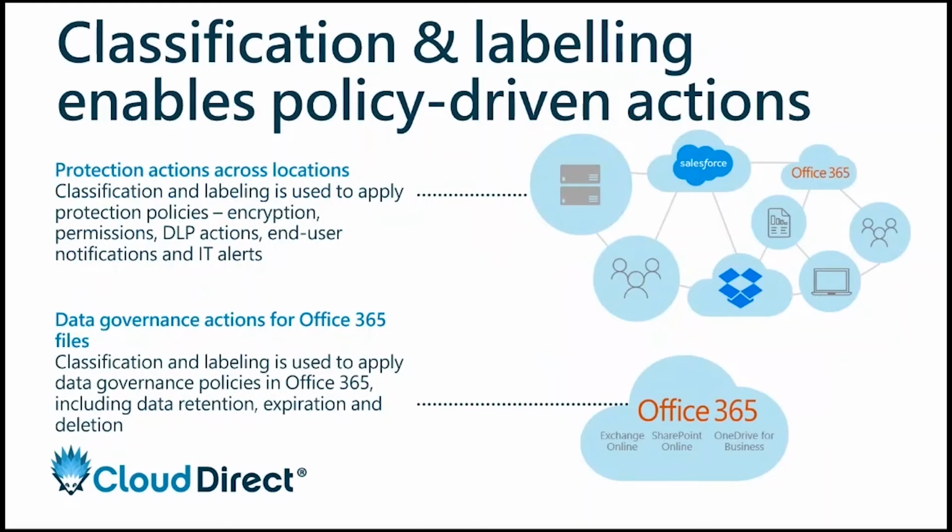It's used to apply protection policies, encryption permissions, DLP, and alerts, and it can be seen across a number of different applications. And you can also apply data governance policies in 365 to these files, based on the labels. You can do data retention, expiration, deletion as well. It's not just about preventing access; it's also about how much data you retain in the environment, etc. So it's quite a powerful set of tools, but there's obviously a number of different ways we can configure that depending on your requirements.